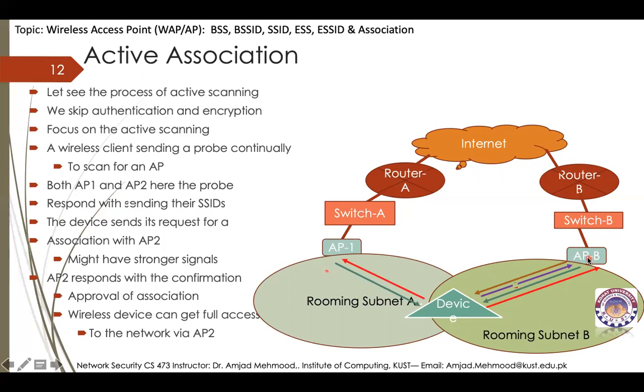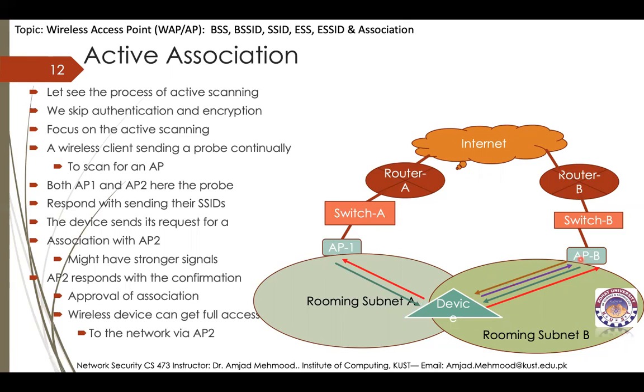So the AP sends the SSID to the device. The device sends a request for association to the AP that might have a stronger signal. So the device might send the joining request to access point B.